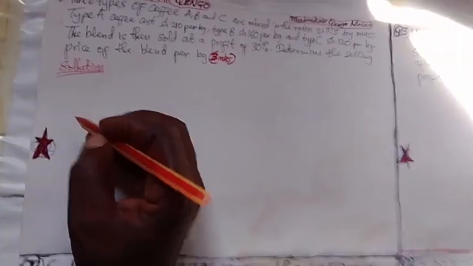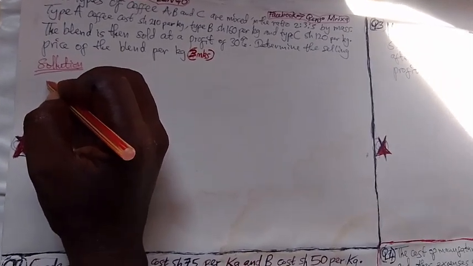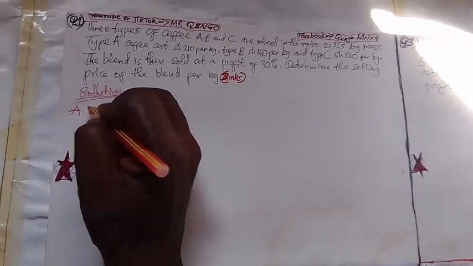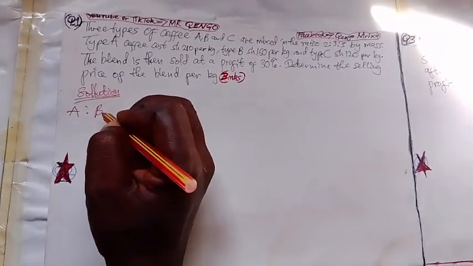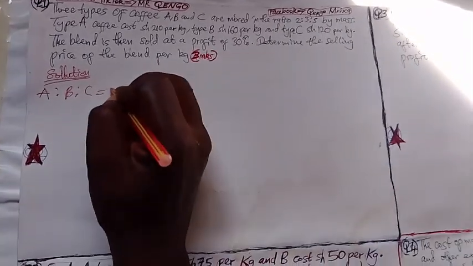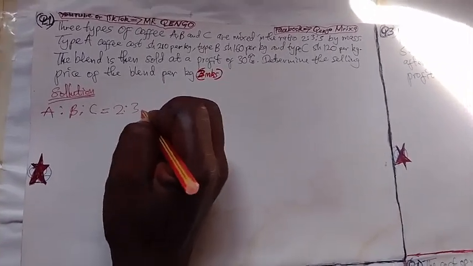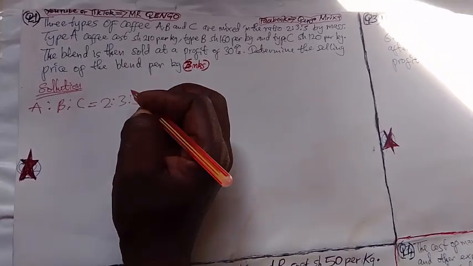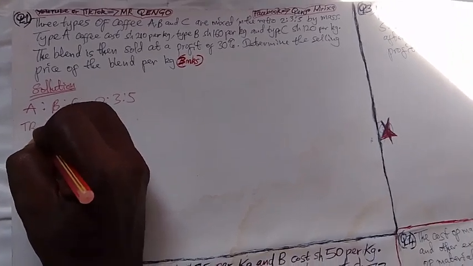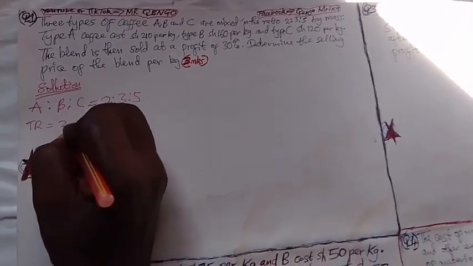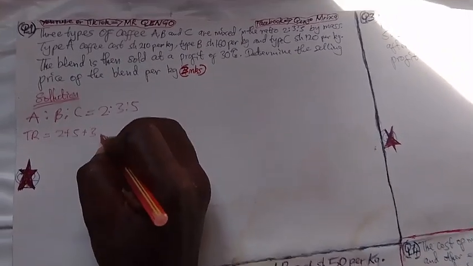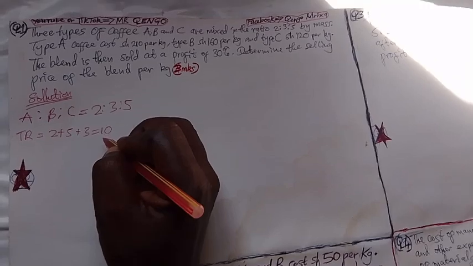So for this case, we are going to solve it as follows. Step 1, we say the ratio A is to B is to C is equal to 2 is to 3 is to 5. Step 2, the total ratio is given by 2 plus 5 plus 3, which gives the sum of 10.